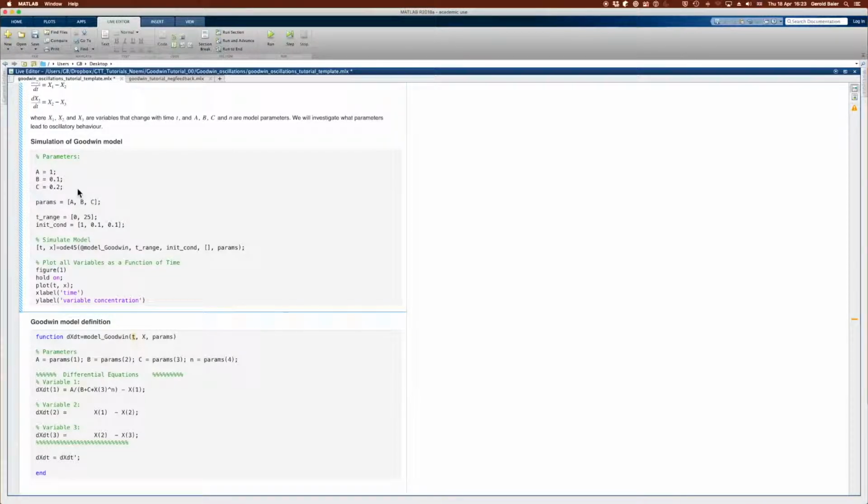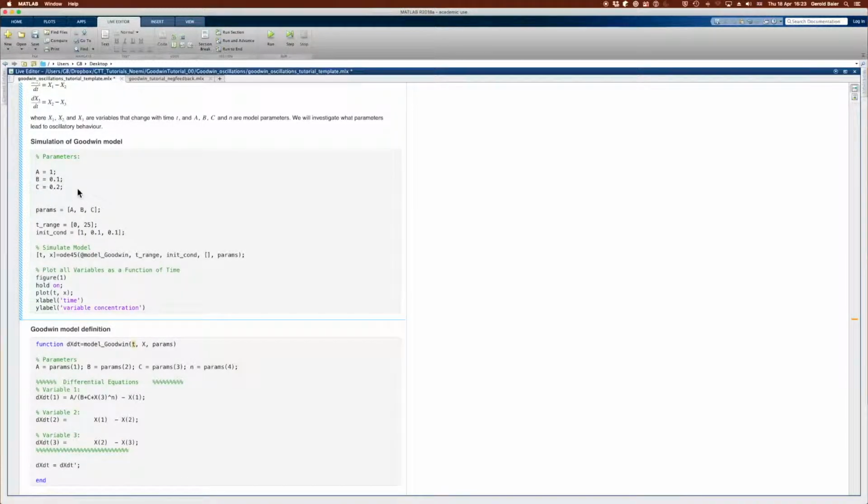All we need to do there is to put in some value of n, and we will start off now with n equals 1, and then we just have to append it in the list of parameters, and that's it. So now we want to see what this looks like. So let's run it.